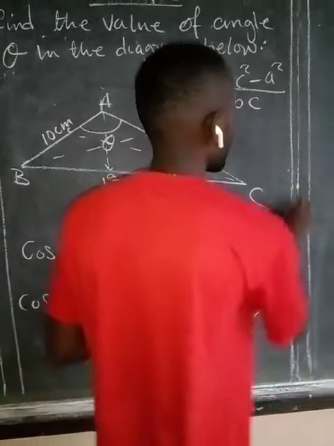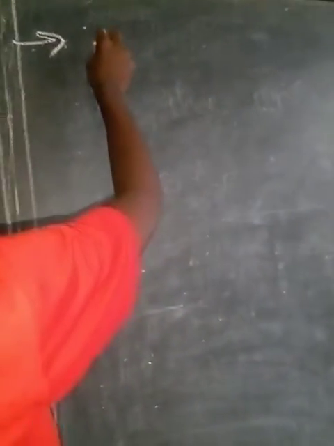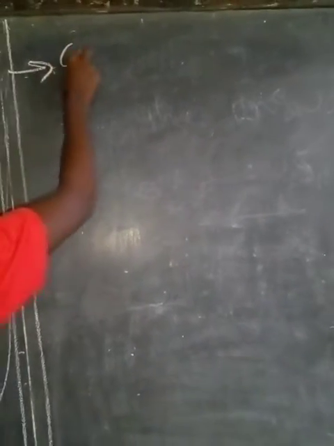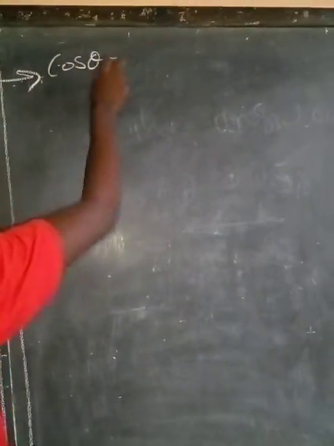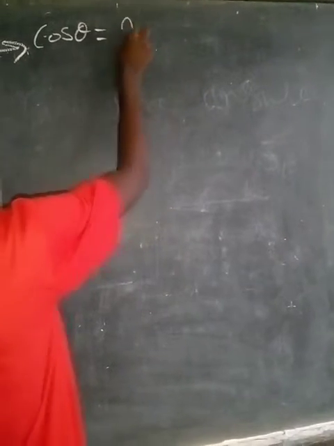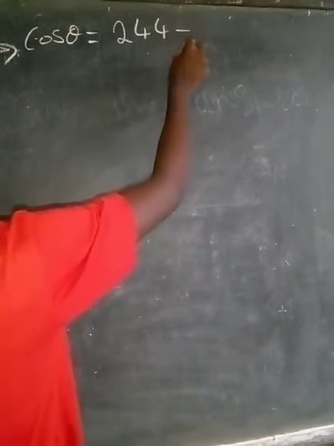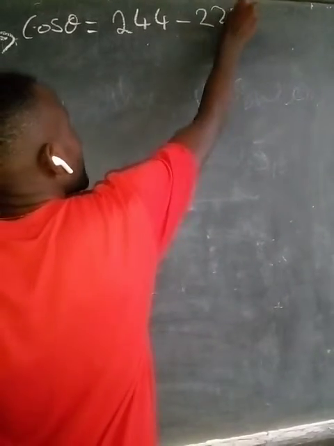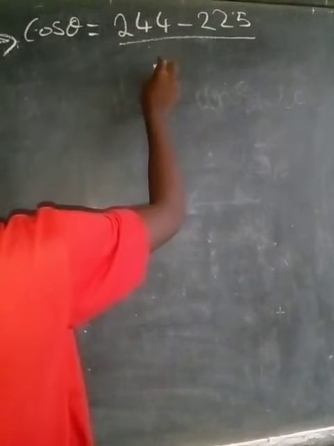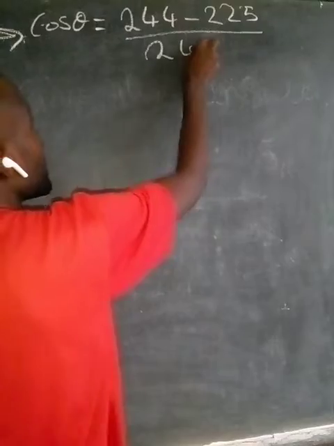So let's take this to the next board where we are going to say cos theta is equal to, what is 144 plus 100? We are going to have 244 minus 225 over 240.